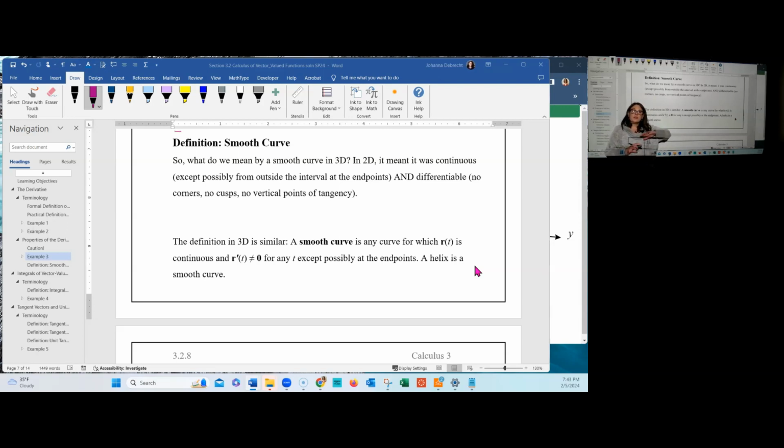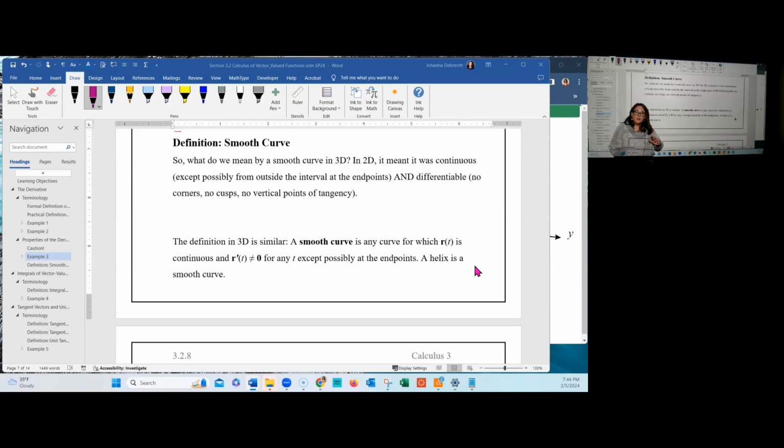Now, most of the time when we talk about a curve being smooth, we have a sort of gut feeling for what that means. It basically means no pointy or jagged pieces in it. But what do we say about that curve in 2 or 3 dimensions to make it precise? In 2 dimensions in the plane, it means that it was continuous, except possibly at the endpoints of an interval, and it was differentiable.